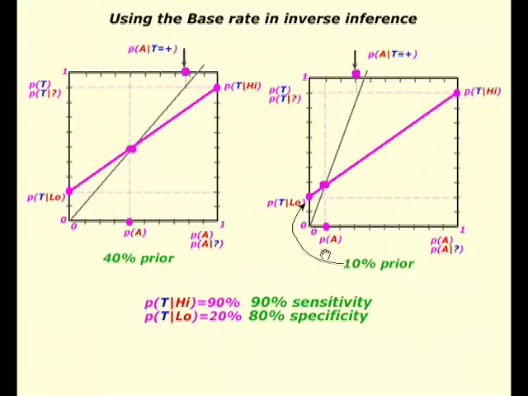This is called the base rate fallacy, or it's not so much a fallacy, but it's incorporating that information about the proportion of people in the population, your beliefs about the chances of getting a high ability worker.